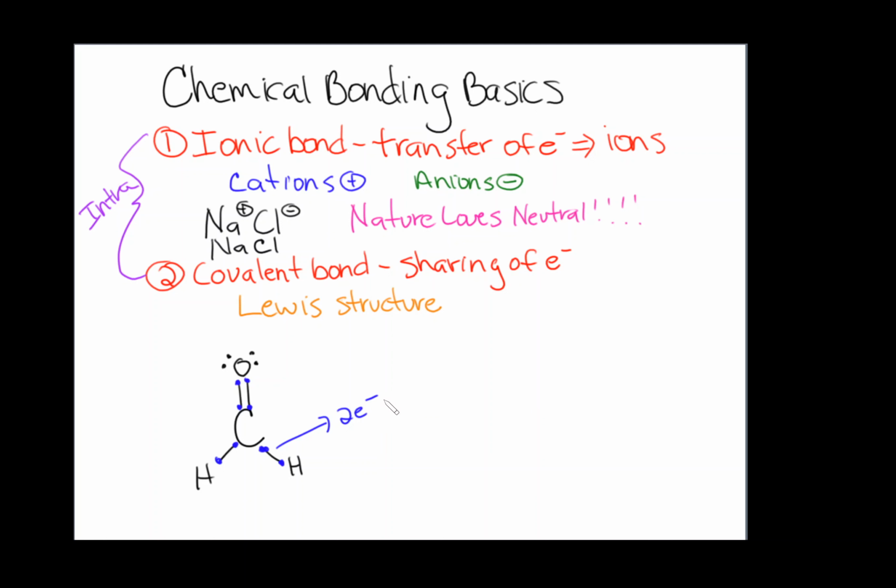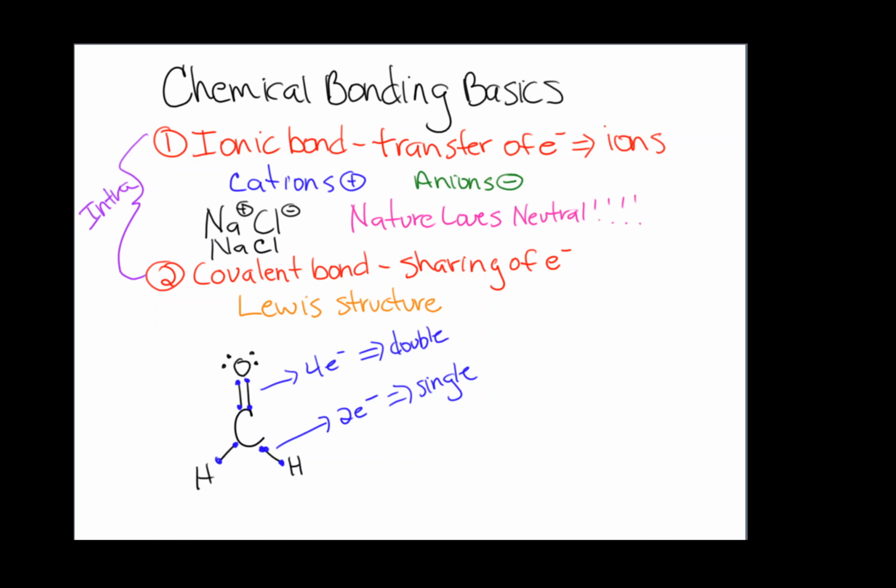If it is a single bond, it's only two. If there's 4 electrons, that implies a double bond, which is 2 lines. And then it's not shown here, but you could actually draw 3 lines and it would be the triple bond. But that's as big as you get.